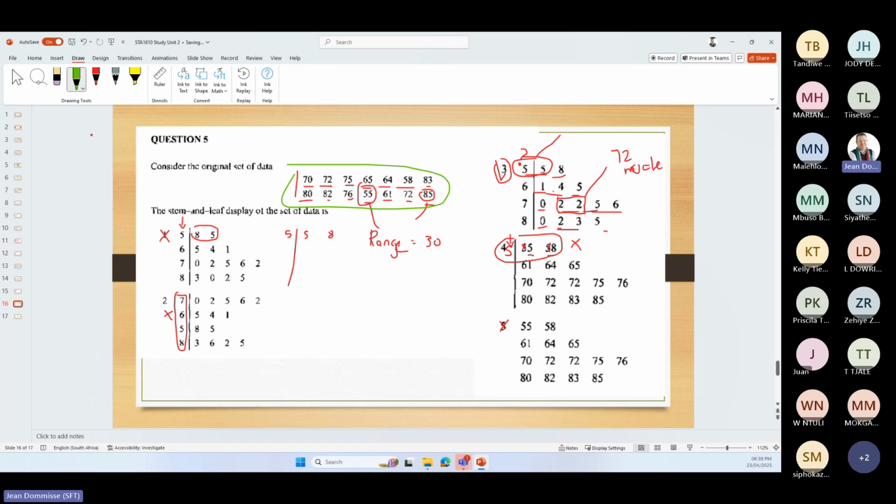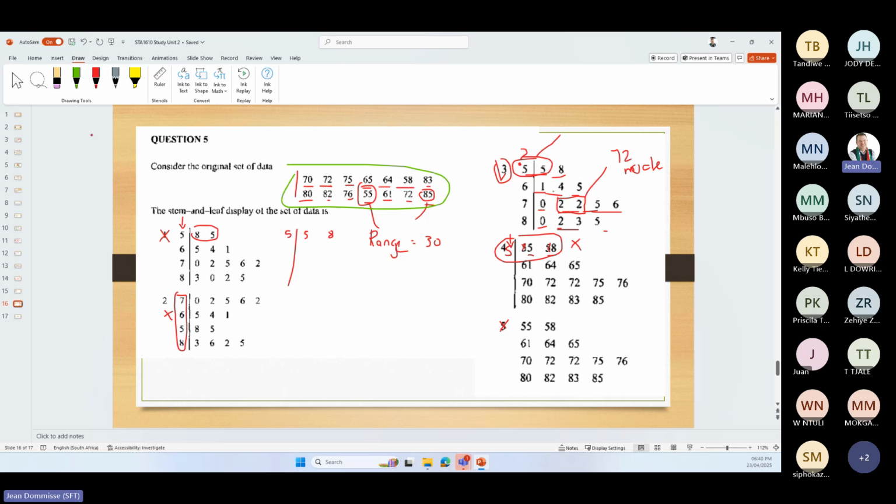Okay, so that is it for tonight on study unit 2, which is basically looking at ways to visually represent the data. Study unit 3 of next week is where we start analyzing the data. So how does this data look?